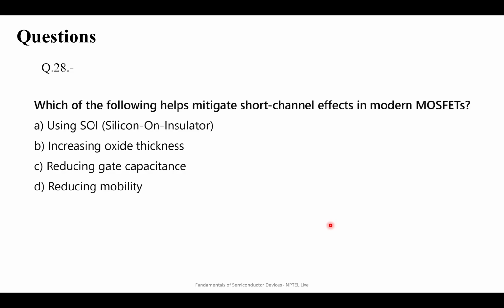So, which of the following helps mitigate short channel effects in modern MOSFETs? Using SOI silicon on insulator, increasing oxide thickness, reducing gate capacitance, reducing mobility.